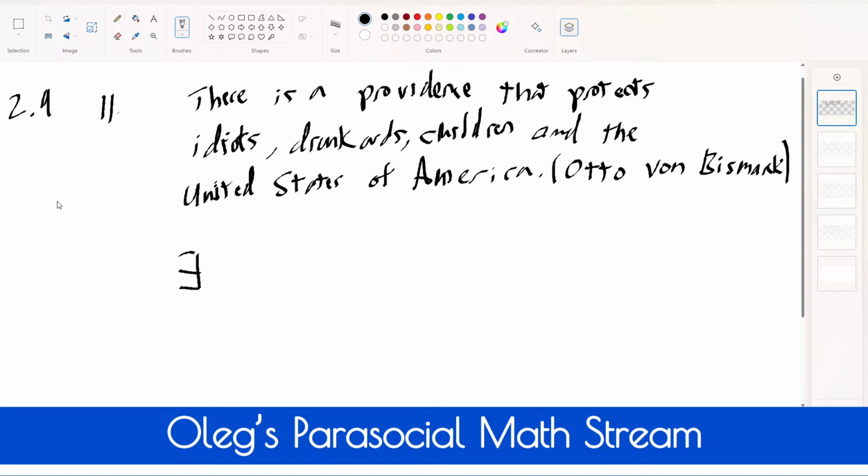And then that if, hang on a second, exists a providence that protects, and then, how do we even describe the word protects here?